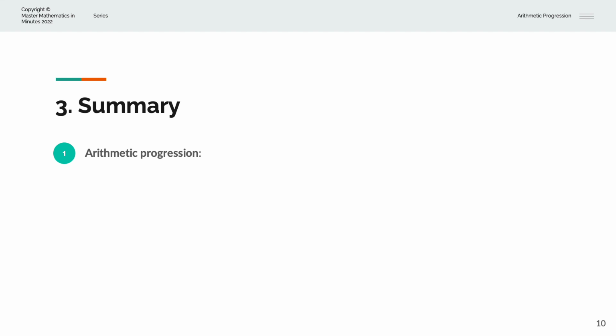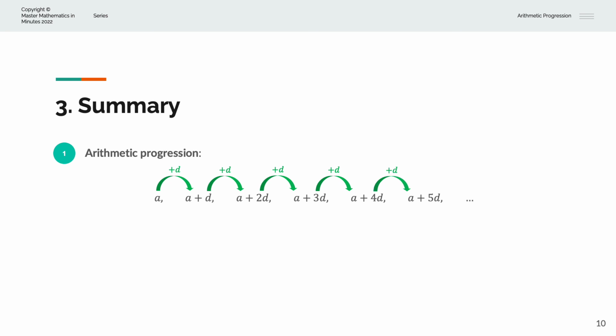So to summarize, an arithmetic progression is a sequence of numbers. We have the first term as a, the second term as a plus d, and the third term as a plus 2d. And there is a common difference of d between consecutive terms, and we'll call that the common difference. The first term is labeled as a, and we can also denote that as u1 is equals to a.